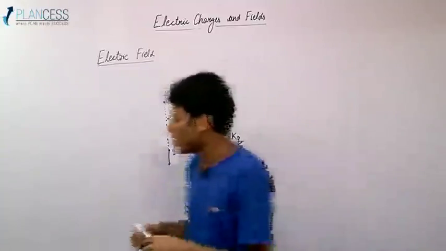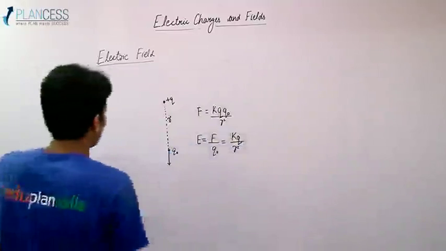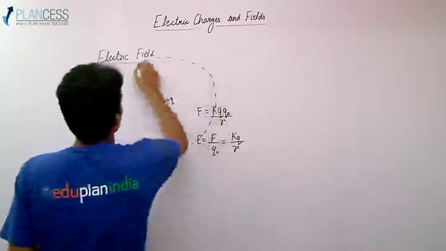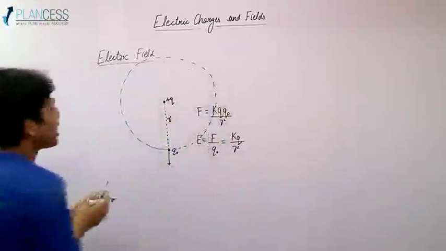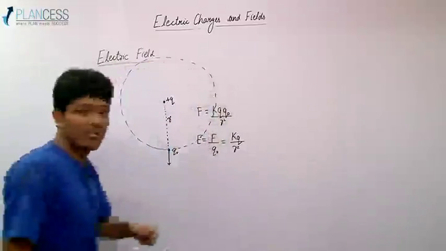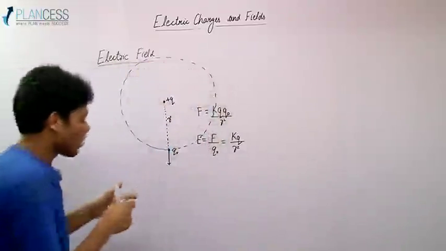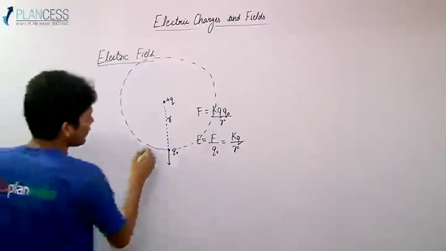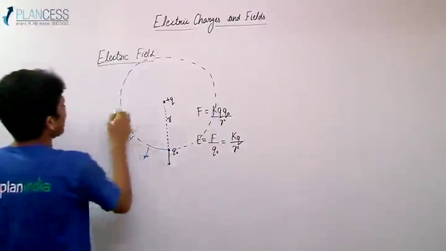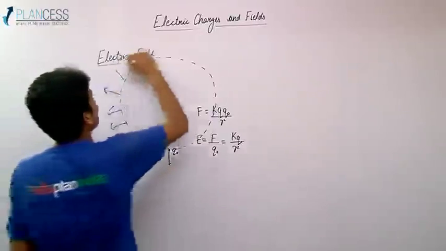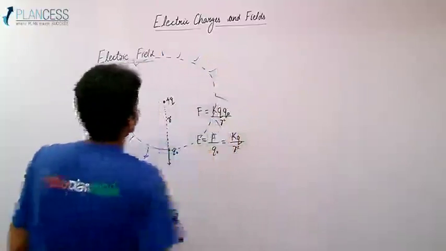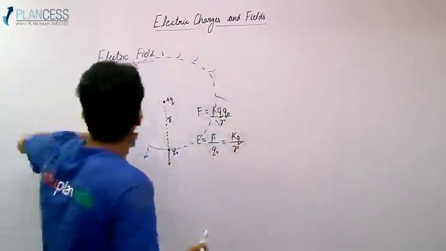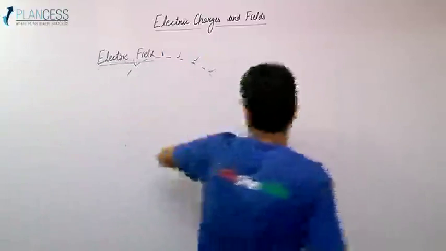If I consider a circle or a sphere of radius r around this plus Q charge, at every point on it the magnitude of electric field will be equal and radially outward. So this is the electric field exerted by a plus Q point charge.